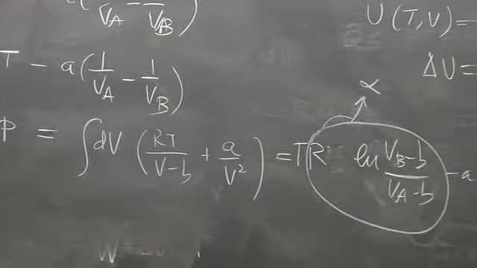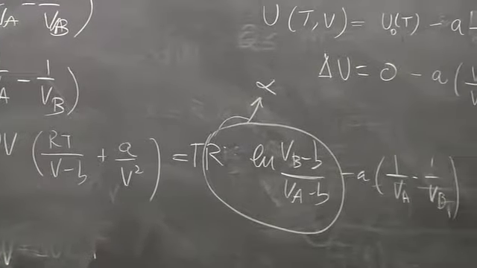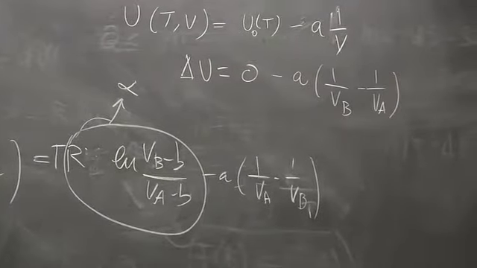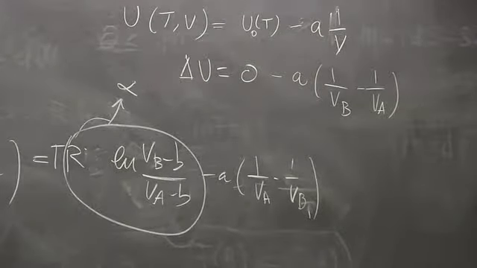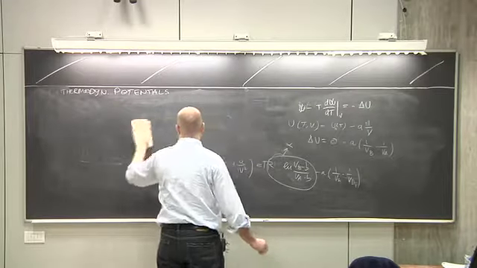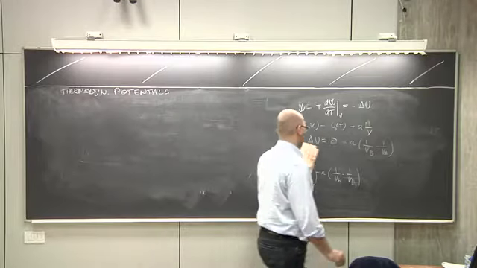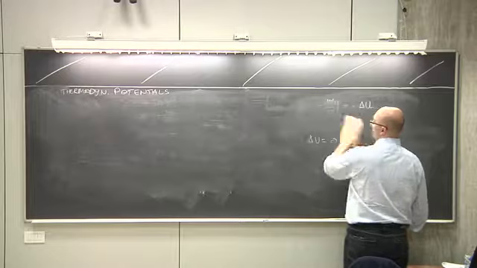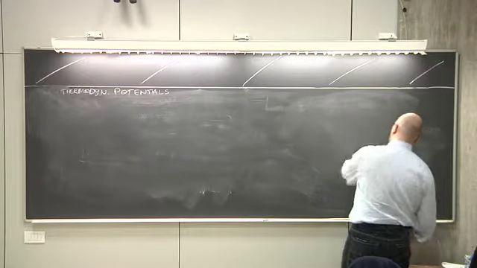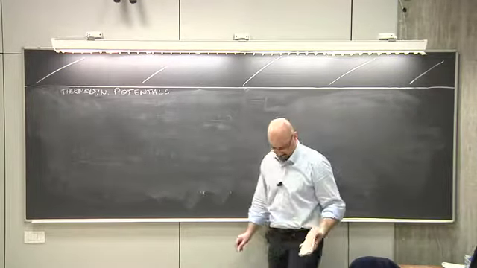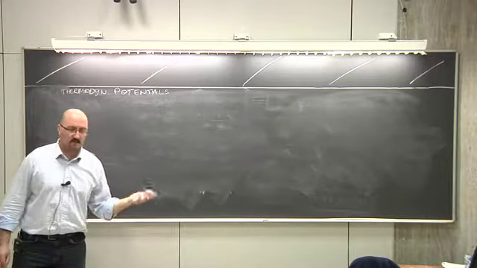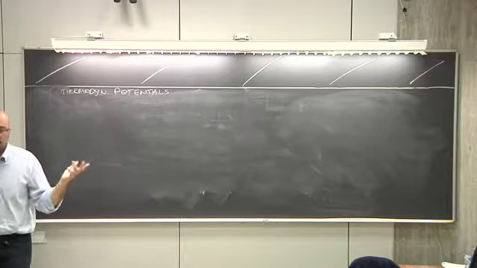Very good. So this was just an application of the free energy. I'm showing you examples of how these things work for ideal gas and for van der Waals, because I want to show you that these things are not specific to any system.